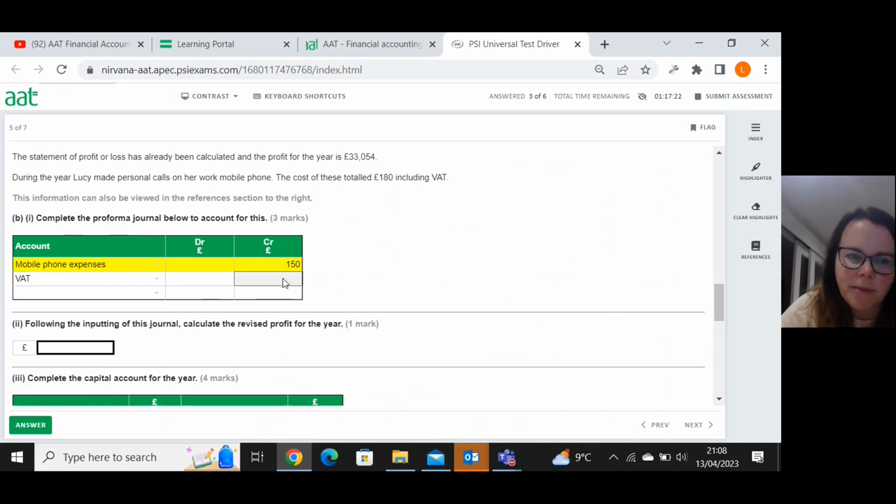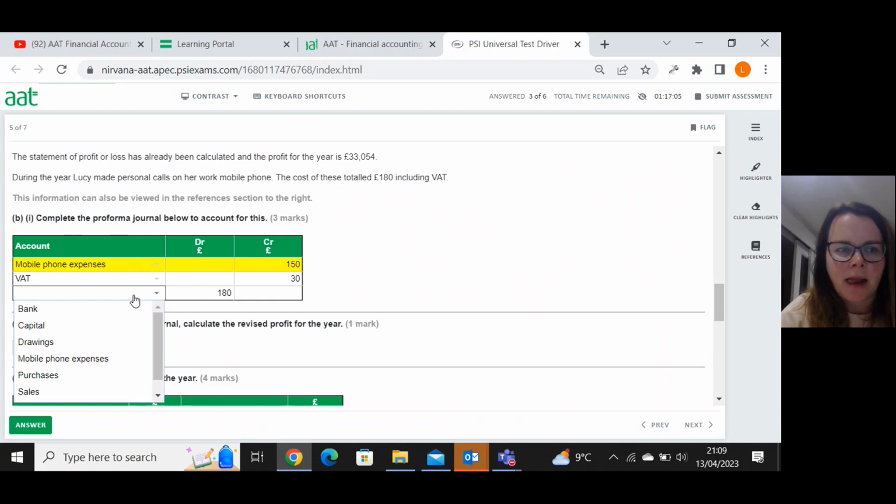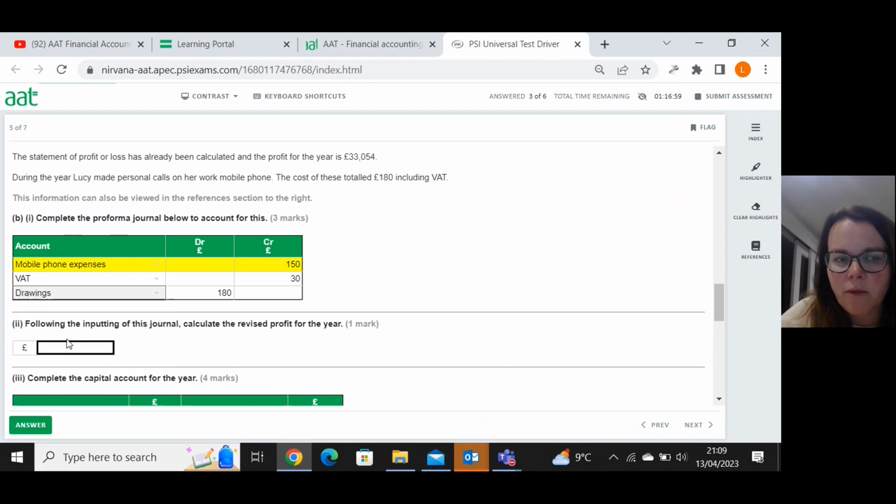So at the moment that will be sitting as a debit in the VAT control account. We're now cancelling that out and saying, well, look, we can't reclaim this because it related to personal use. And then the full amount, the 180, we're not going to reverse it from the bank because we did physically pay it. We are going to show it as drawings, taking something out of the business for personal use.